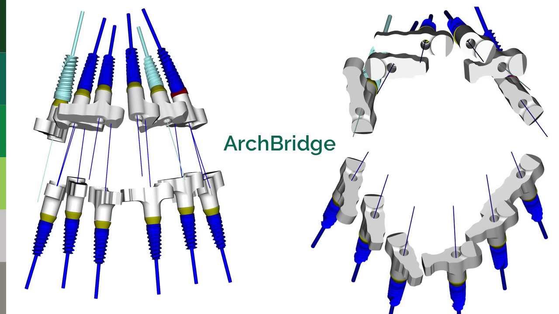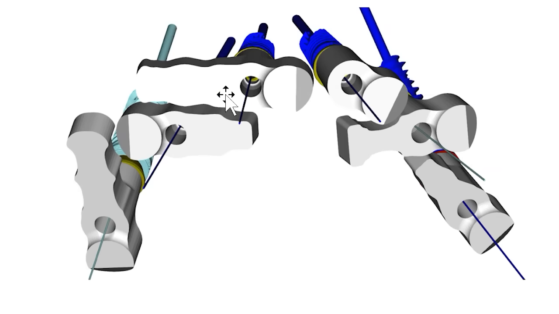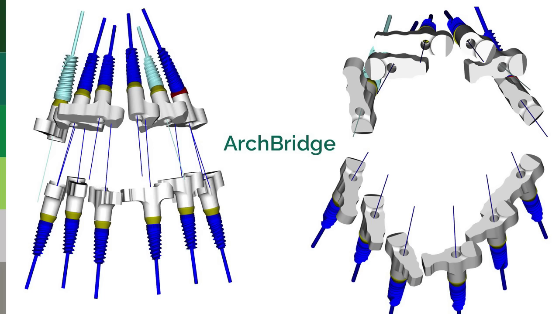Again, here's the arch bridge. The nice thing about the arch bridge is that it bridges all of the implants. So you're not scanning a scan body and then dropping off and then coming to another one that's all the same shape. Instead, these are all separate shapes, so your intraoral scanner never gets confused. So that's a very, very simple process.